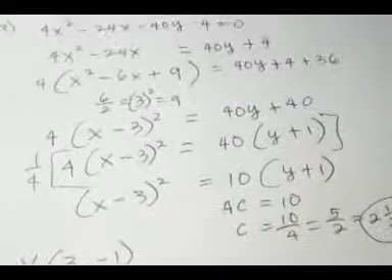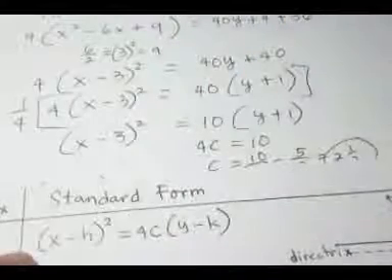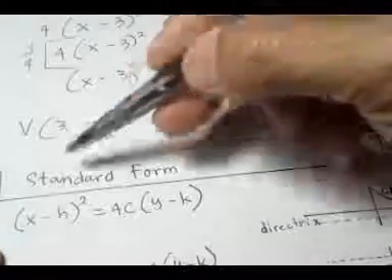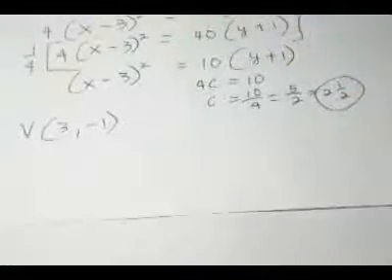And let us look at the standard form of the graph. This belongs to type number 1, and it is open upward. It is open up because this is positive. The squared term is x. It is open upward, and let us locate the vertex.